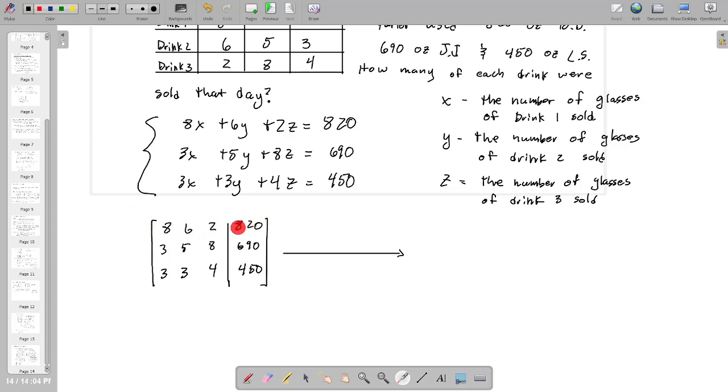Every number is even. So I'm going to divide that by 2 just to make things a little bit easier. So 1/2 row 1, replace row 1. And I want to get a 0 here and here. So to get a 0 here, I'm going to do row 2 minus row 3, replace row 2.